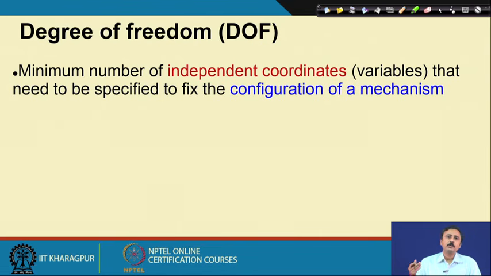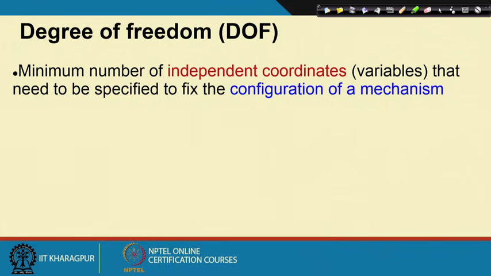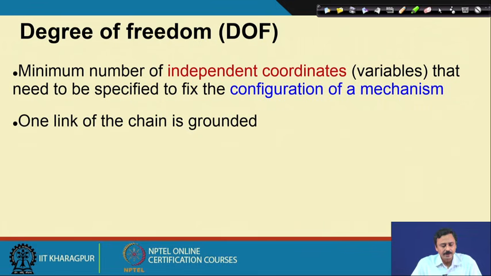Similarly, we can go to rigid bodies in plane or in space. Then we will go to connected rigid bodies, and I will show you how the calculation of degree of freedom proceeds. Now, when we discuss the degree of freedom of a mechanism or a kinematic chain, one of the links of the chain will be grounded, that means it will be immobilized.